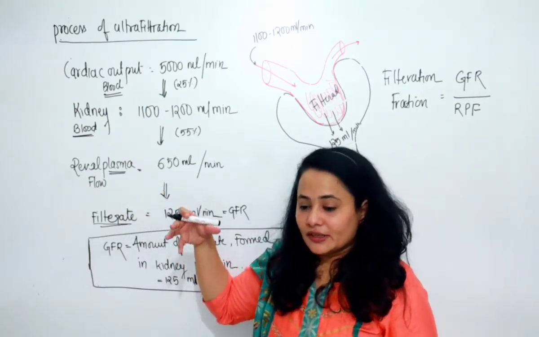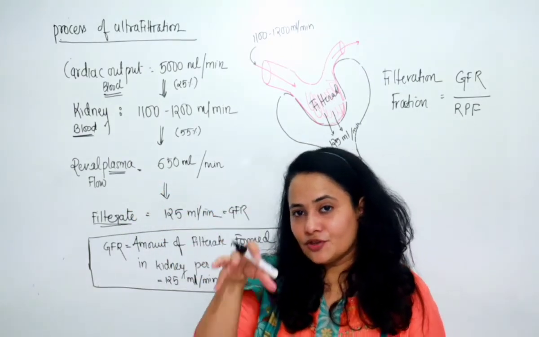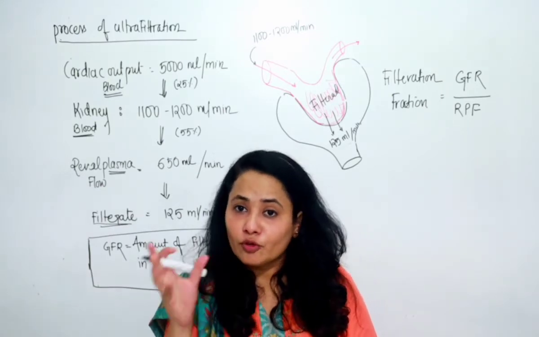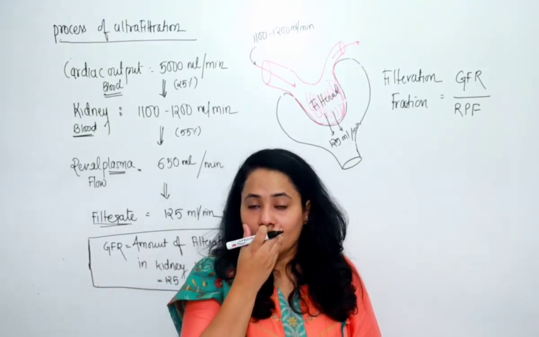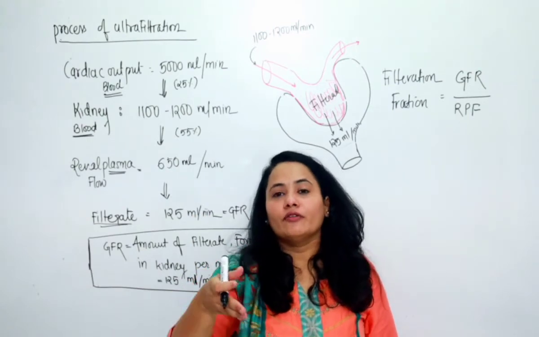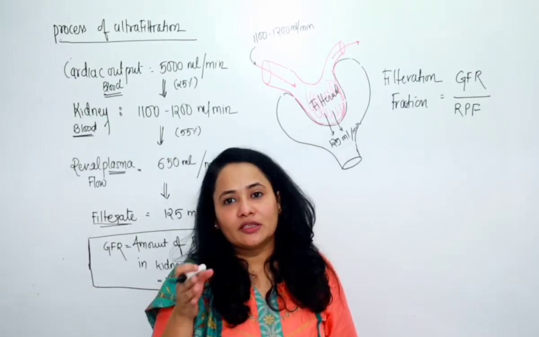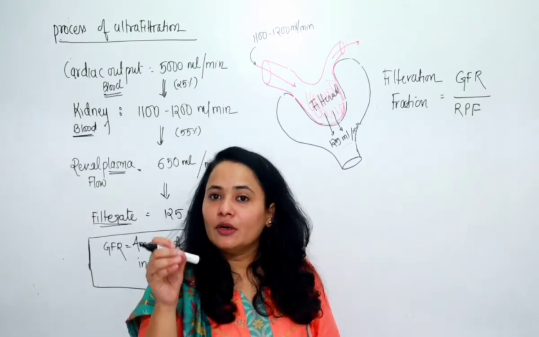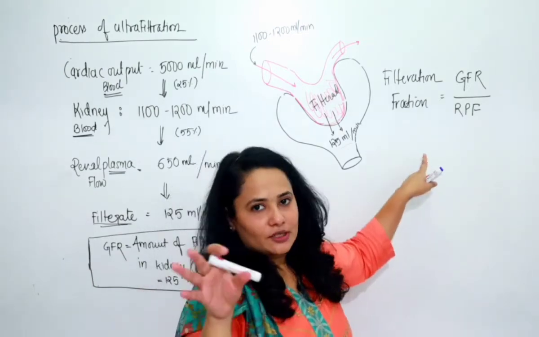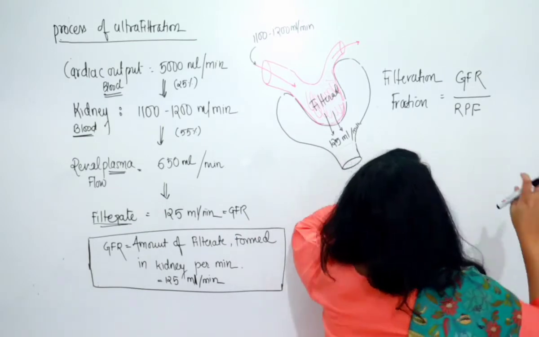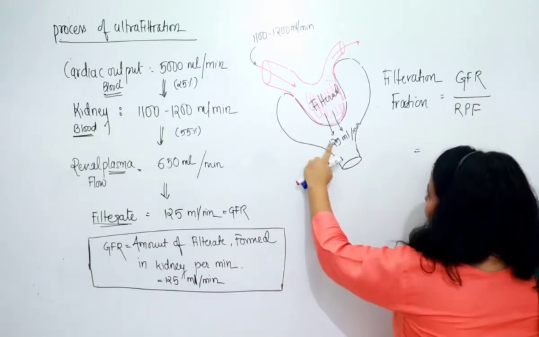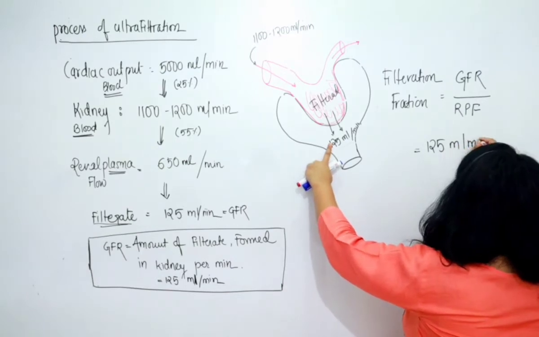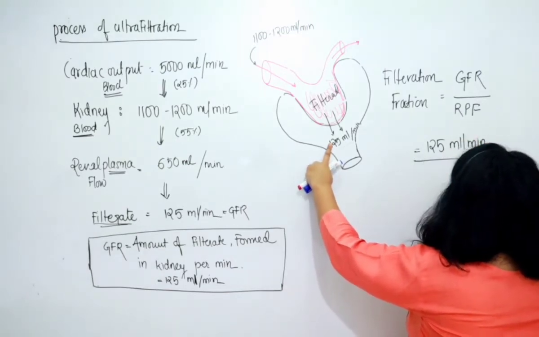So if we see that when the blood is entering into the kidney, is the blood getting filtered fully? Not exactly. Only the plasma is undergoing the filtration process, leaving the blood cells unfiltered. So kidney never filters the blood cells. So only plasma is getting filtered ideally. So what is the GFR? GFR we have taken is 125 ml per minute.